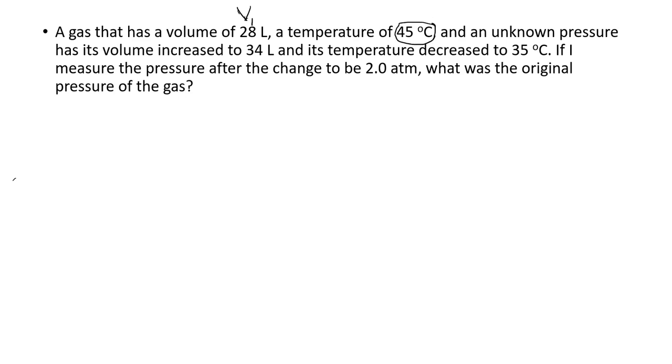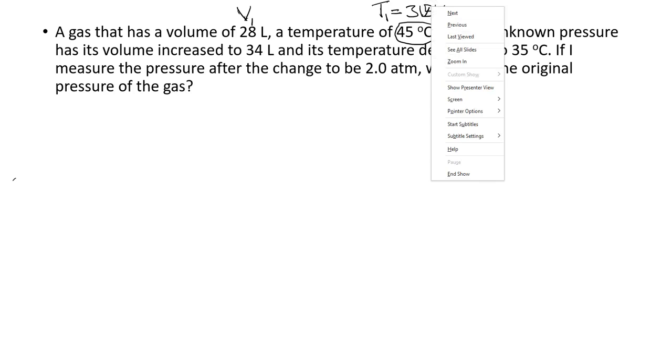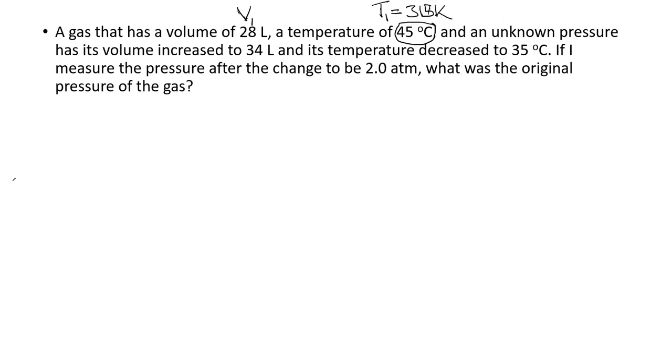So this one is T1, 315 Kelvin. So what I've done is 45 plus 273. Let me see if it makes sense. 45 plus 273 is 318 Kelvin, not 315. So 318 Kelvin.